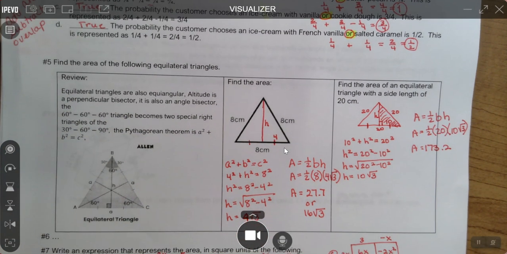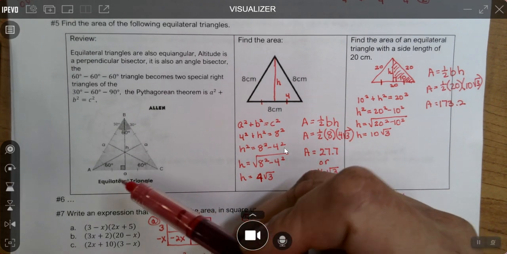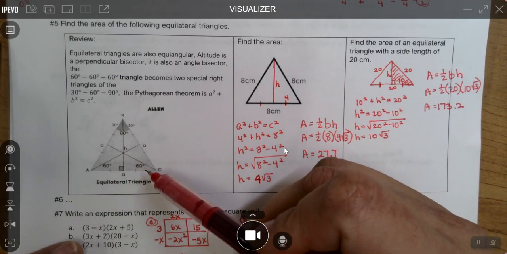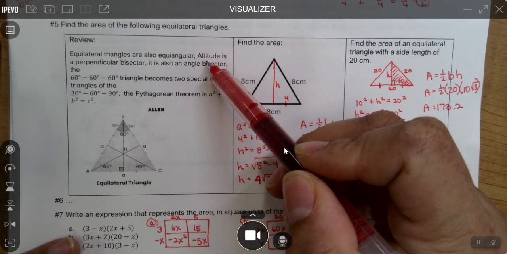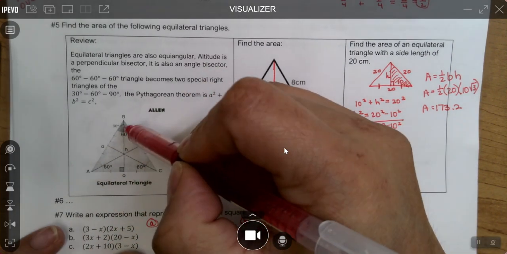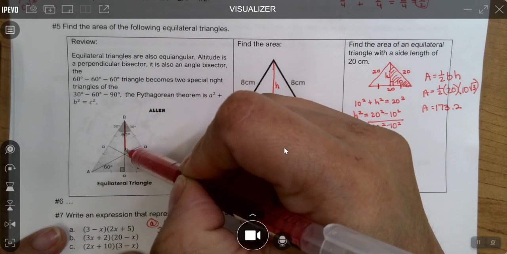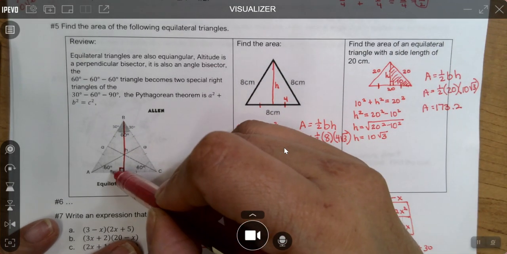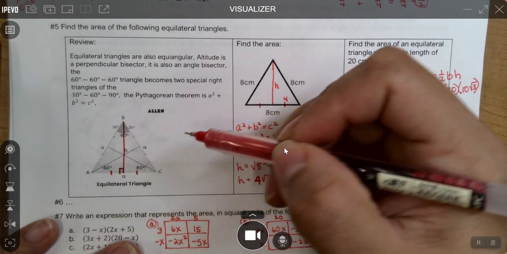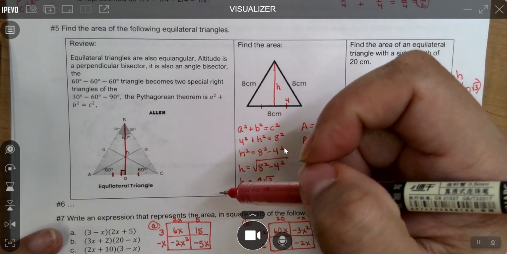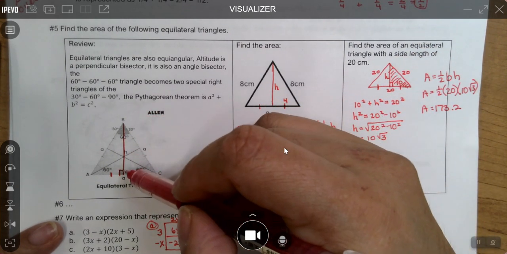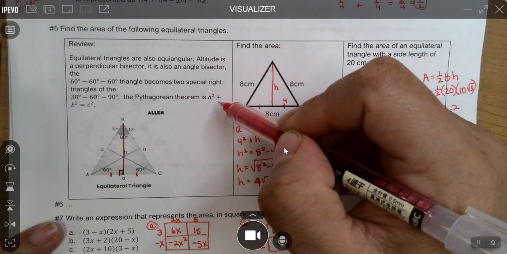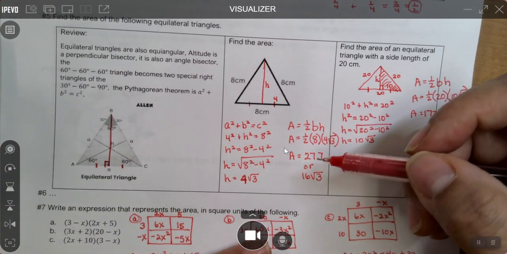All right, equilateral triangles. Equilateral triangles are also equiangular, which means all the angles are 60. The altitude, though, is a perpendicular bisector. And the altitude is what we need in order to calculate area. So the good thing is it splits this bottom part into 2 equal parts. And also it becomes a right triangle, so we can use a squared plus b squared equals c squared.